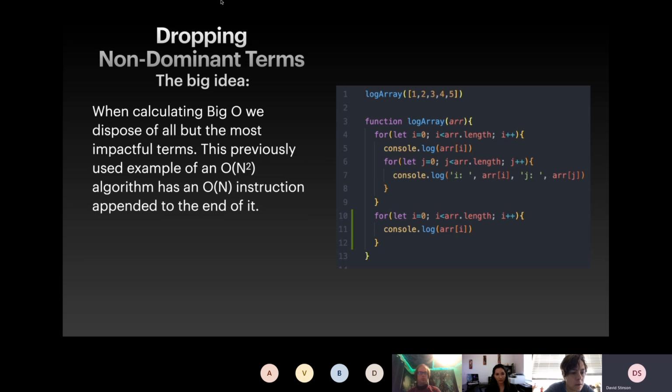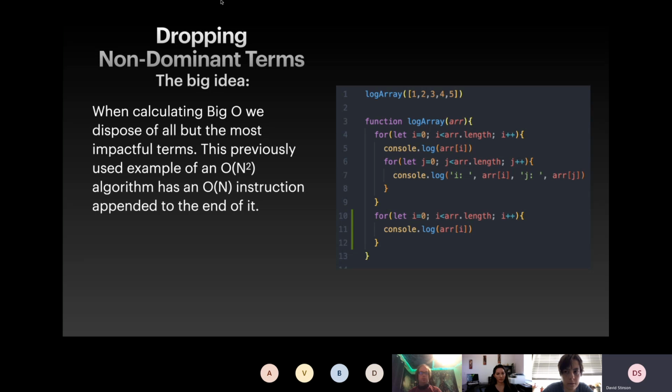So basically the n squared Big O notation takes precedence over the O of n, because the n squared has a much greater impact on the performance of this algorithm.